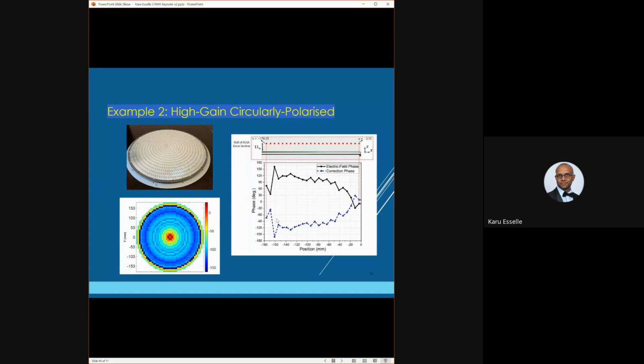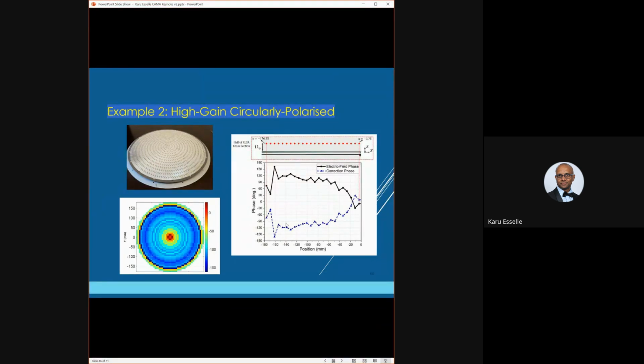So this is the actual electric field phase on this surface from x equals 0 to minus 180, going from here to minus 180 along this line. You can see the phase error is not constant.